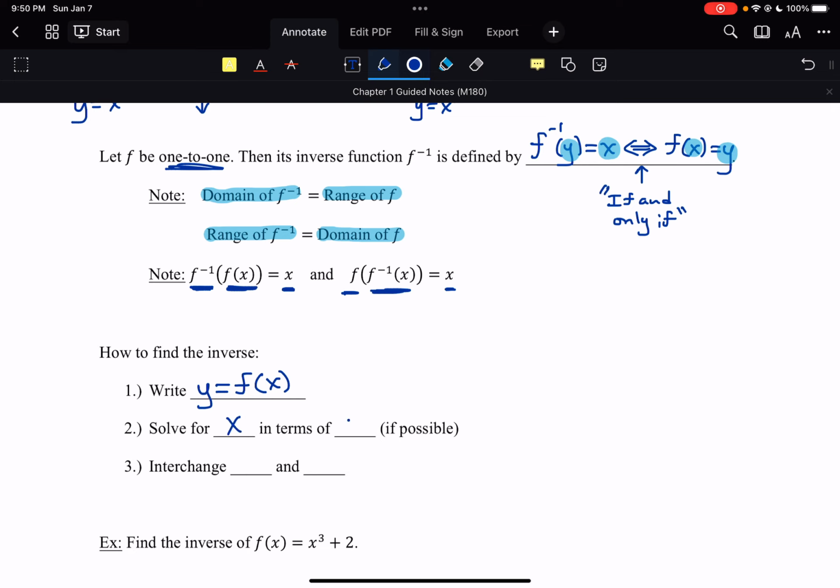Solve for x in terms of y, if possible. And once everything is said and done, you will have x is f inverse of y, like this. Then notationally, we like to switch it back so that the x is on the inside and the y is on the outside. So we'll interchange x and y at that point.